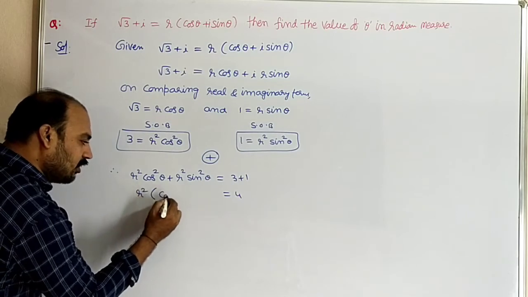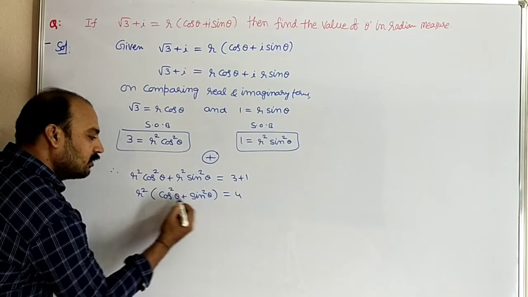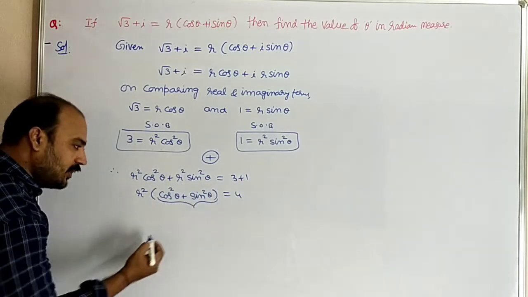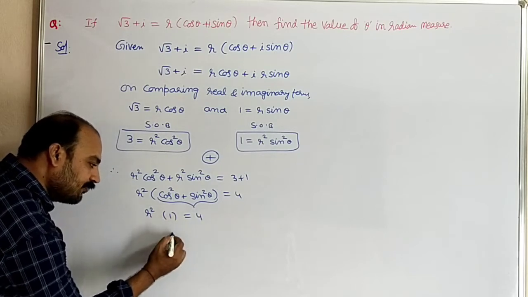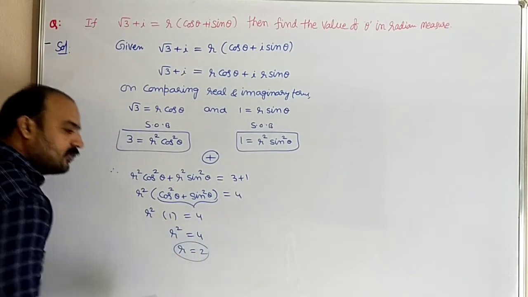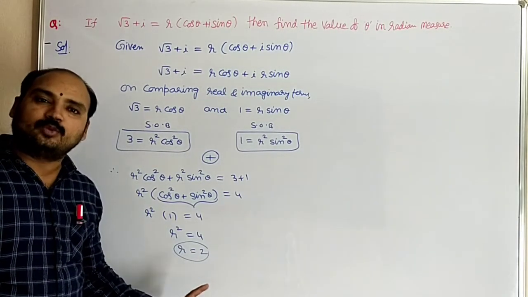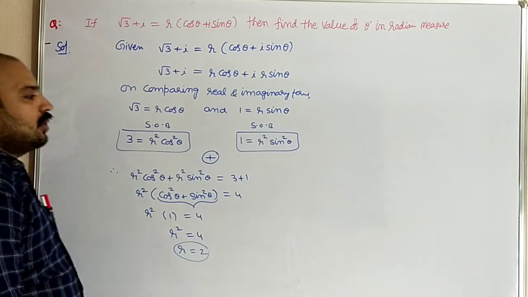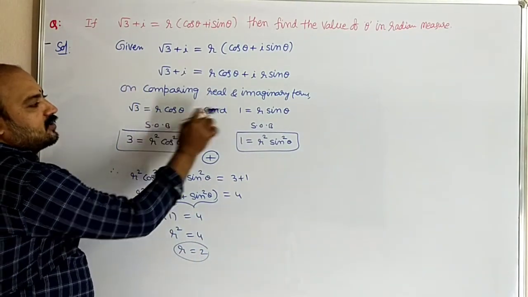Taking r square common, cos square theta plus sin square theta is equal to 1. So r square into 1 is equal to 4. r square equal to 4, r is equal to 2. r value is always greater than 0, that is the reason you cannot write minus 2. r value is 2. After that, r is equal to 2, substitute in either of these.